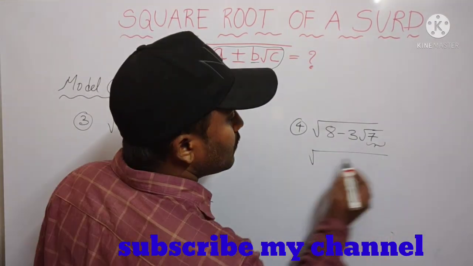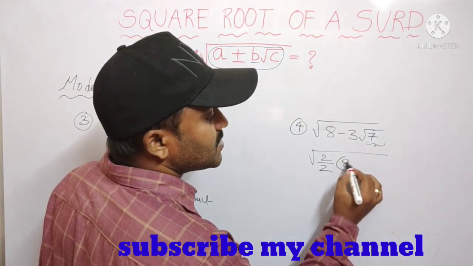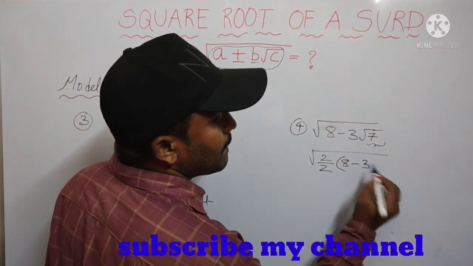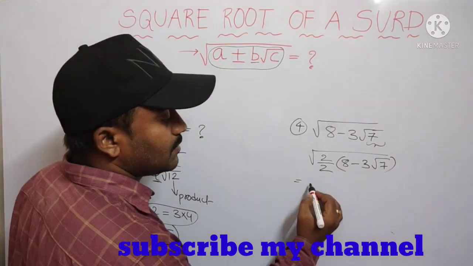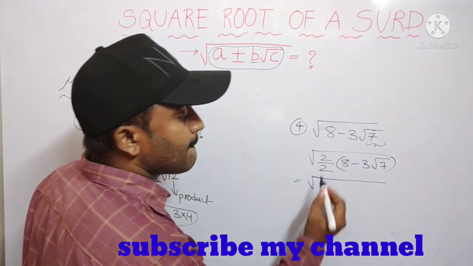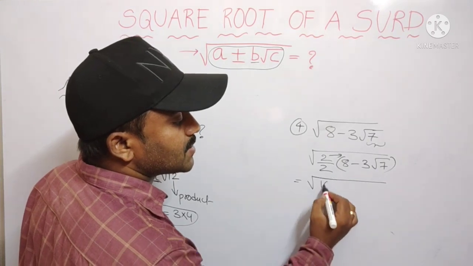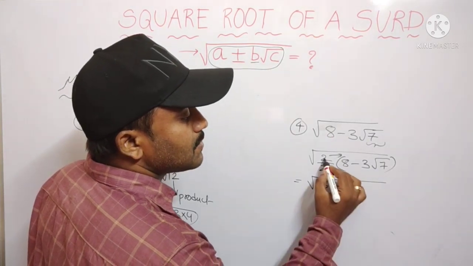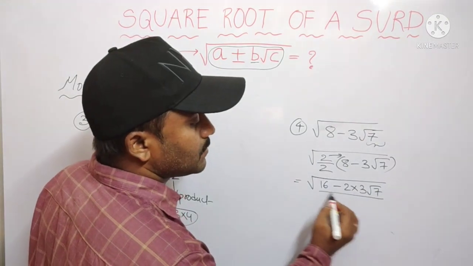So the root, I am multiplying and dividing. The whole value as it is you write. Then you take square root of 2 inside, then it will multiply. So 16 minus 2 into 3 root 7 by 2.